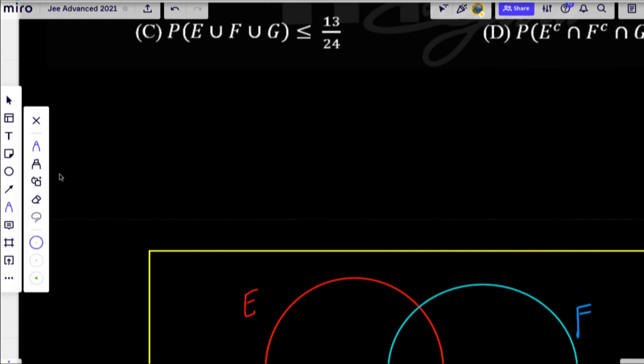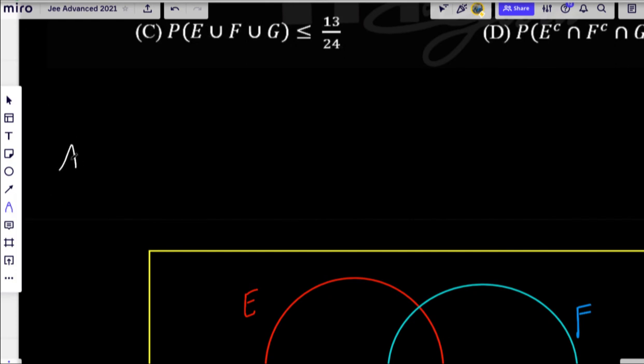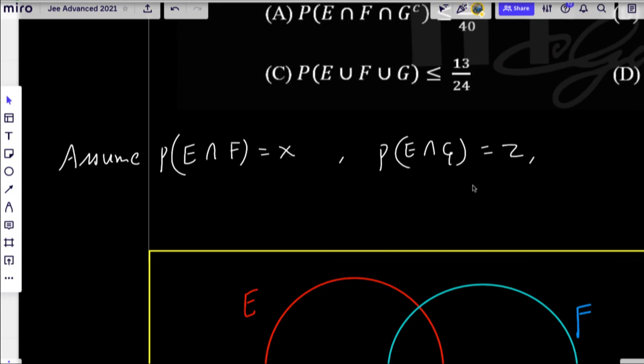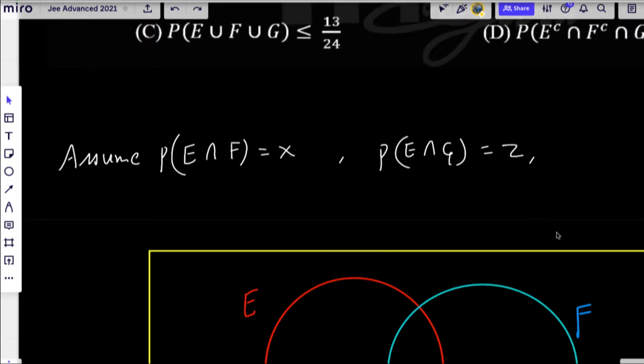So assume like this: E intersection F, let's say this is X. And for the probability of E intersection G, this purple one, let's say this is Z, and you can say F intersection G as Y over here.